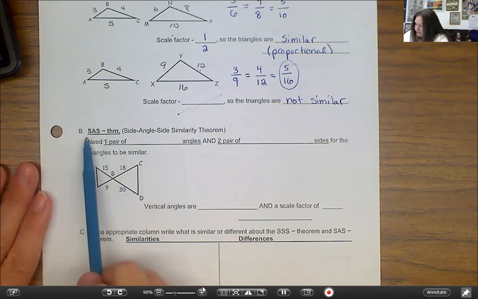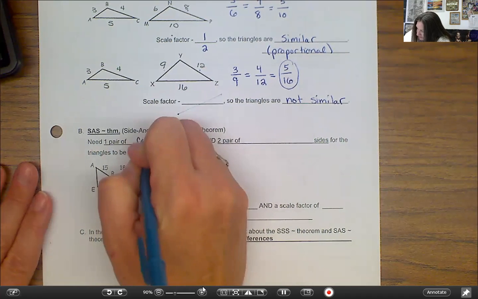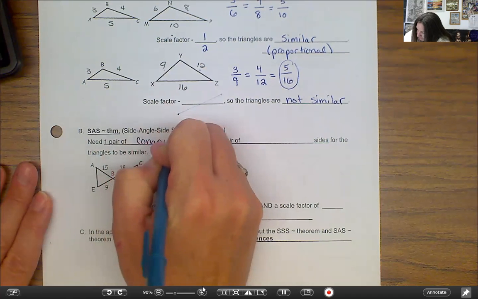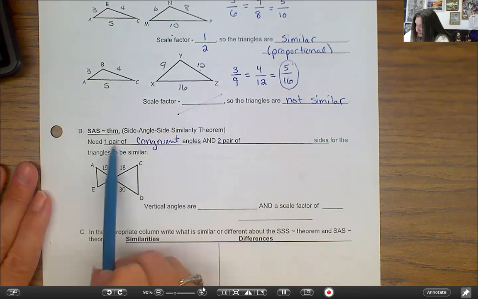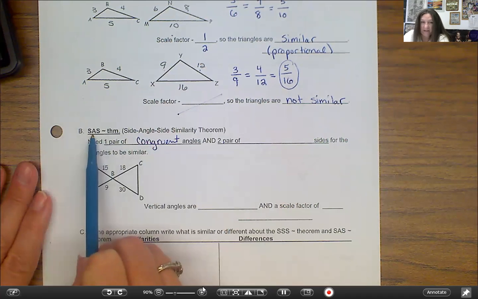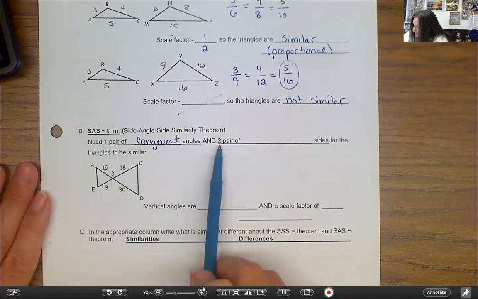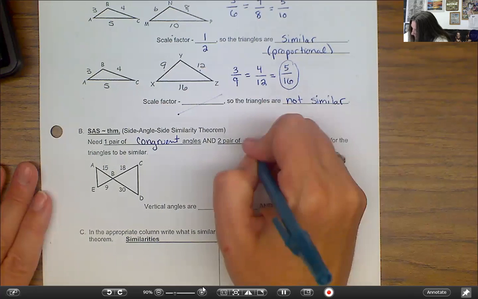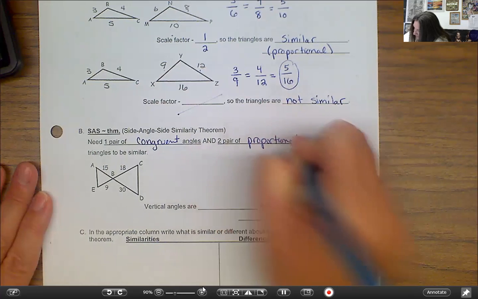So if we're using side angle side, we will need one pair of congruent angles, because angles have to be congruent to keep the same shape. And you can see we need one because we have one pair of angles in that statement. And then we need two pairs of proportional sides.